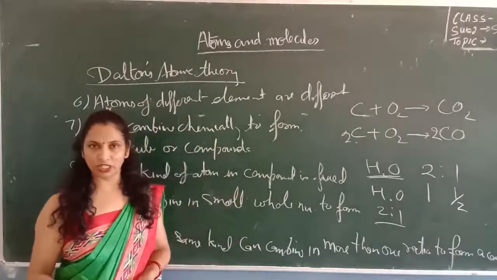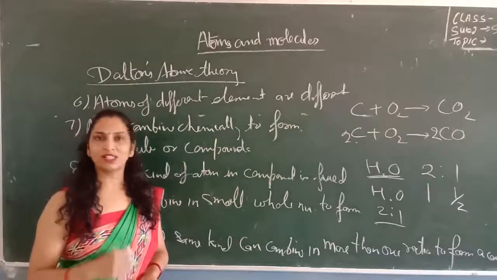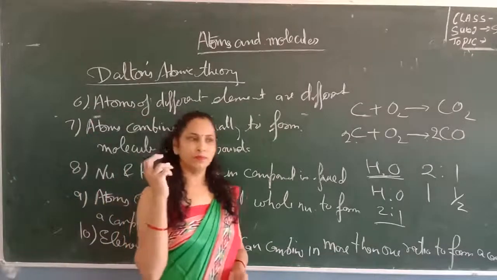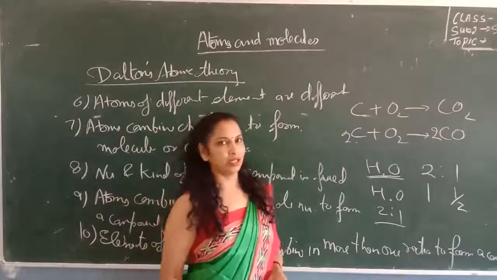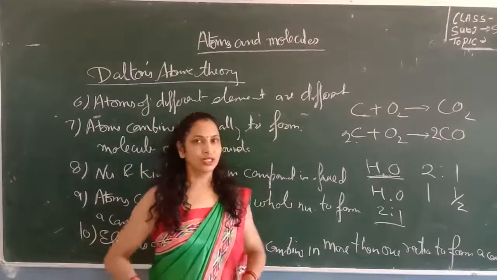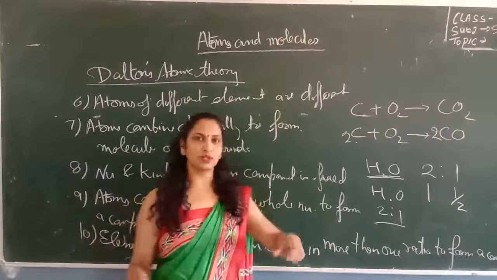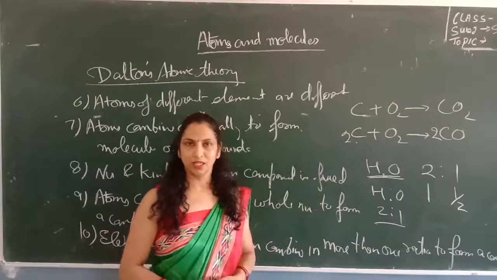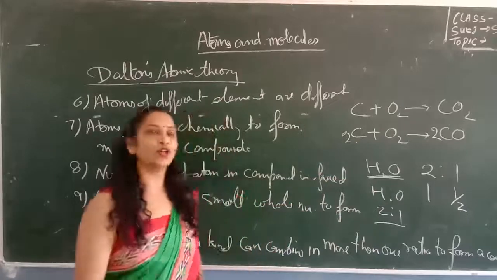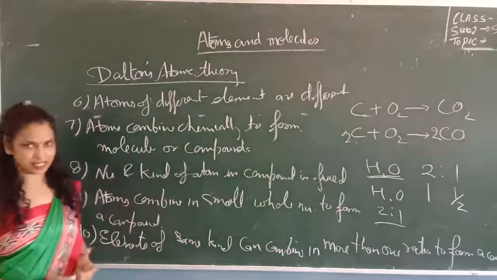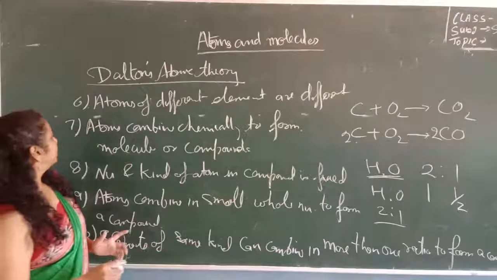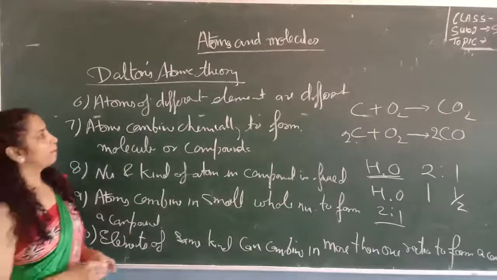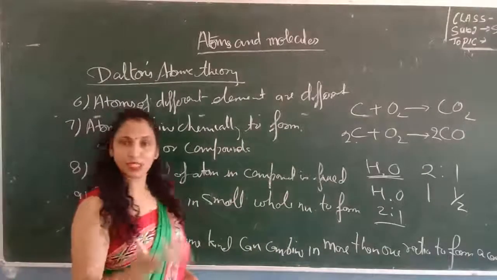Law of chemical combination. According to the first law, matter can neither be created nor destroyed. We can see that in a chemical reaction, the total mass of reactants is always equal to the total mass of products. Can we explain this law on the basis of Dalton's theory? Yes. Dalton says that atoms cannot be created nor destroyed.